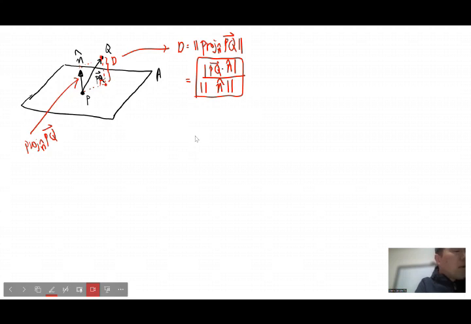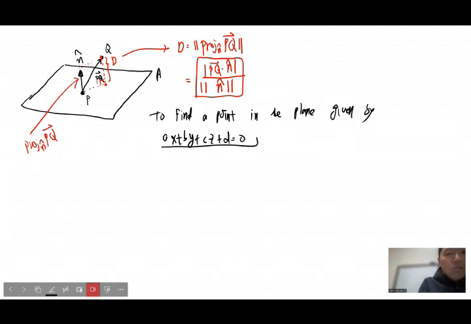So to find a point in the plane given by Ax + By + Cz + D = 0, where A should not be equal to 0, you just let y equal 0 and z equal 0.